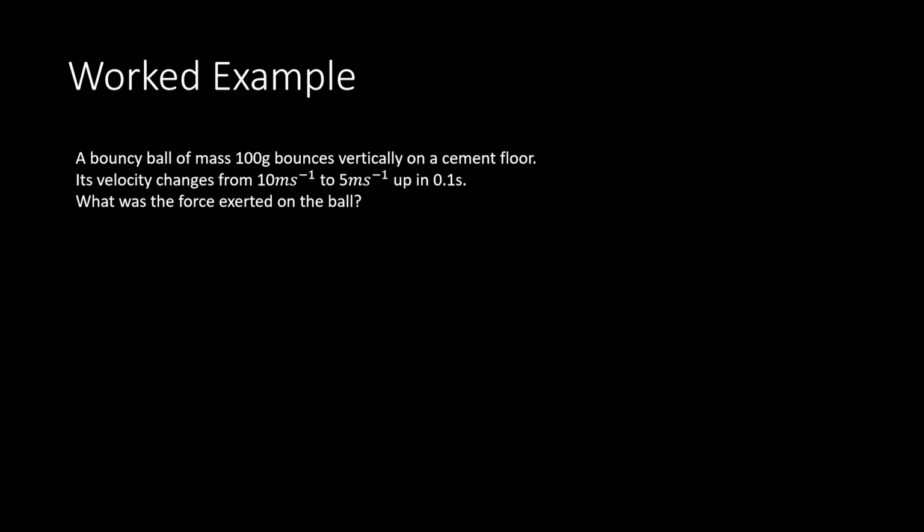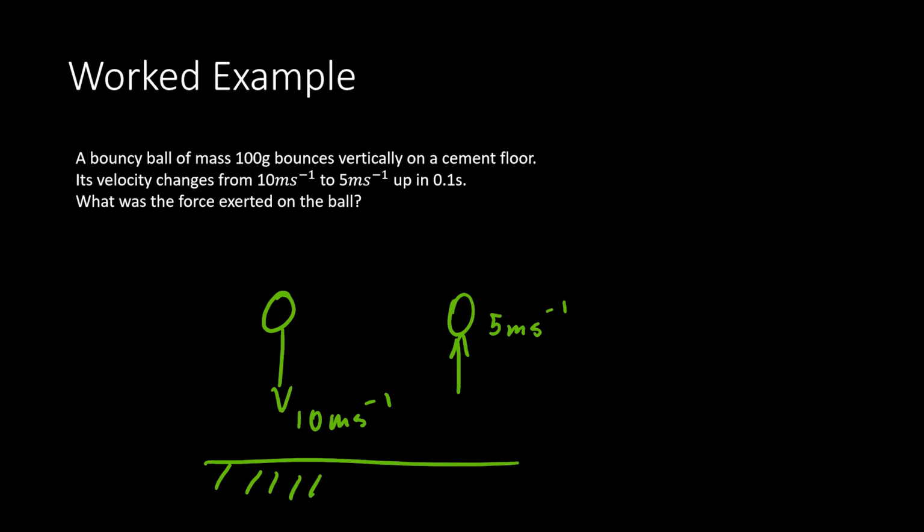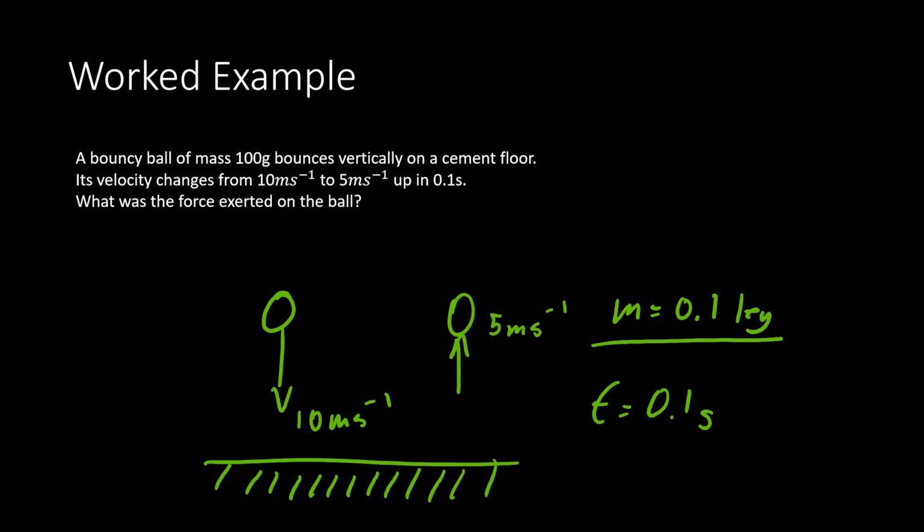So that would be 10 meters a second when it's traveling down, and then it's moving upwards with 5 meters a second. Okay, that makes sense on our concrete floor. Time taken was 0.1 seconds, and our mass was 0.1 kilograms. So I've immediately converted that from the 100 grams in the question.